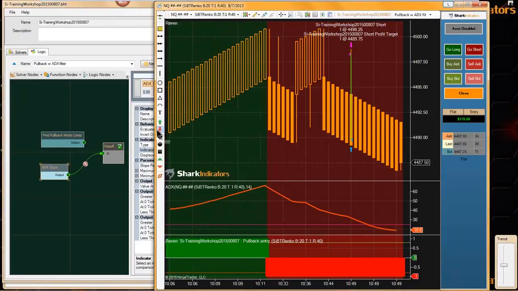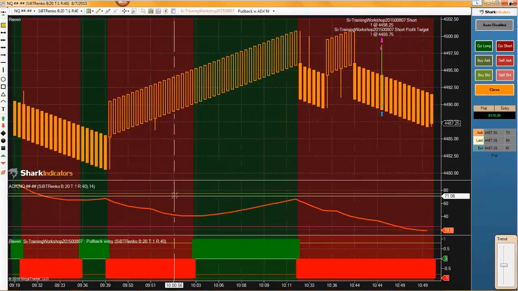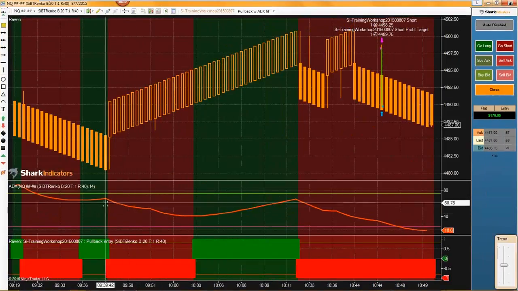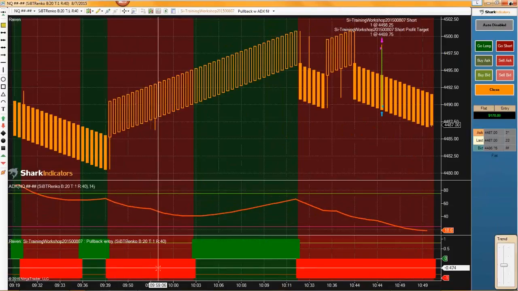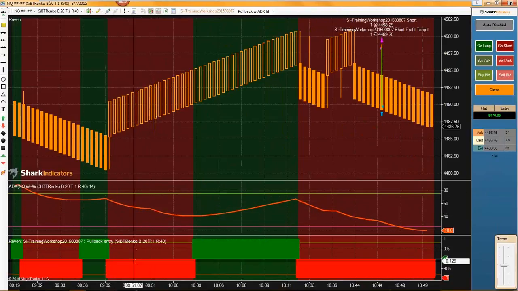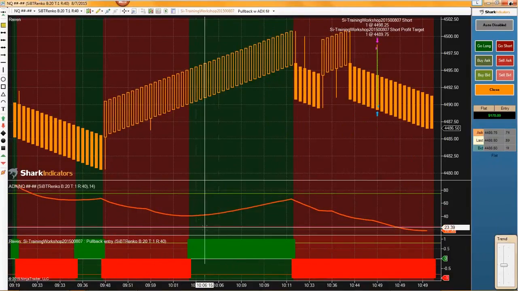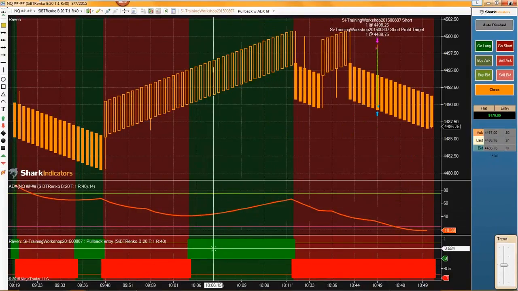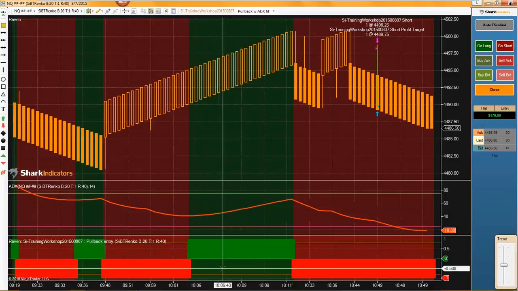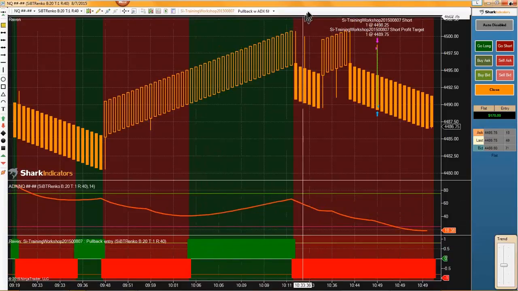And as we look on our chart, pretty simple. ADX slopes down, we get a short signal. So when the ADX is sloping down, we want no signal. And then when the ADX is sloping up, we want long and short signals.